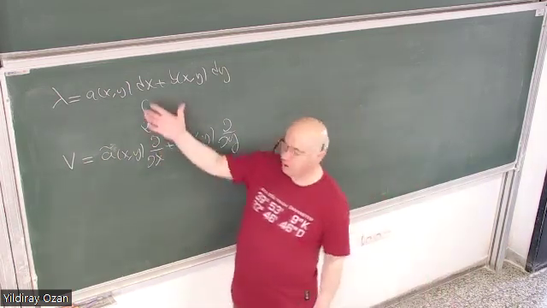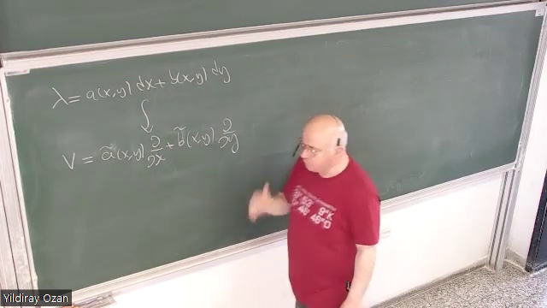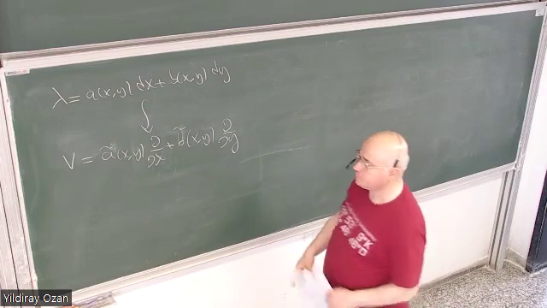And then zeros or poles of this become zeros or poles of the vector field.